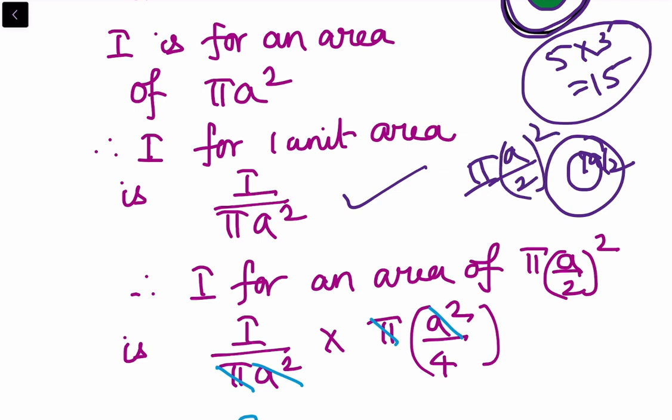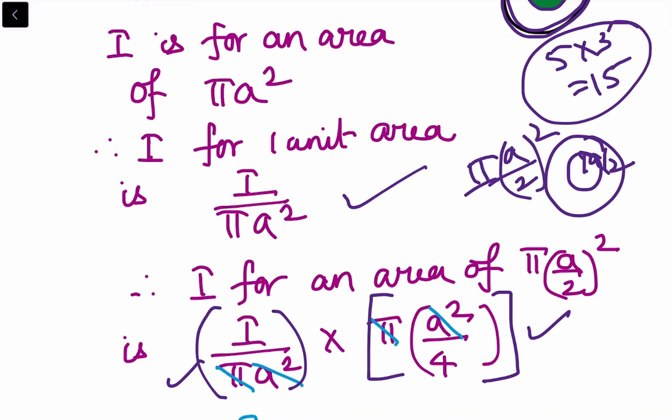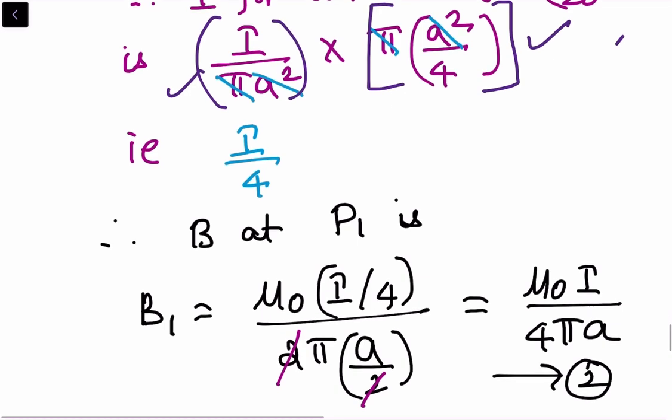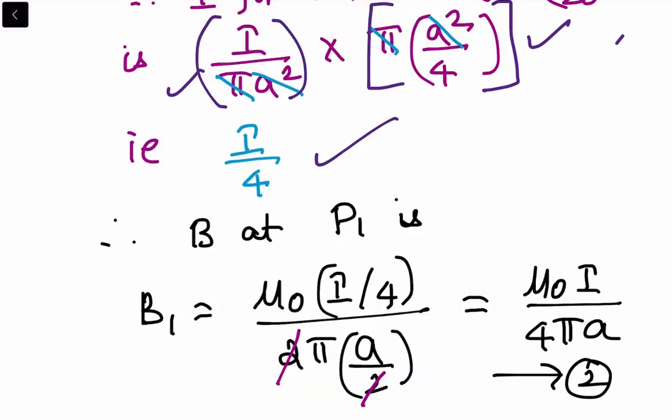Whatever you get as I for 1 unit area, you multiply with the area of the inner circle: I by pi a square, multiplied by pi a square by 4. Pi and pi get cancelled, a square gets cancelled, and what remains is I by 4. That is the current for the inner circle.